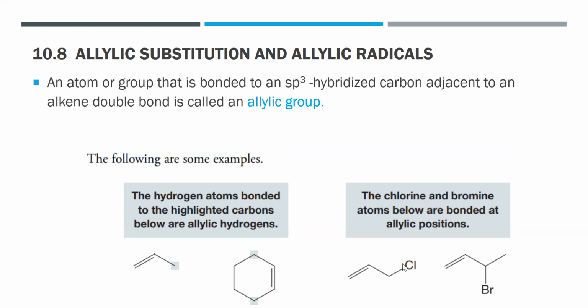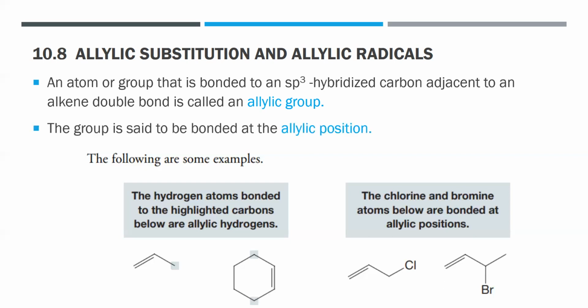So let's say this chlorine here is attached to this carbon, the chlorine and the bromine, sp2, sp3, carbon double bond, and then you have carbon sp3. This chlorine and bromine here are at allylic position. So they are bonded to carbon, in which carbon is at the allylic position. And you call that one the allylic groups.